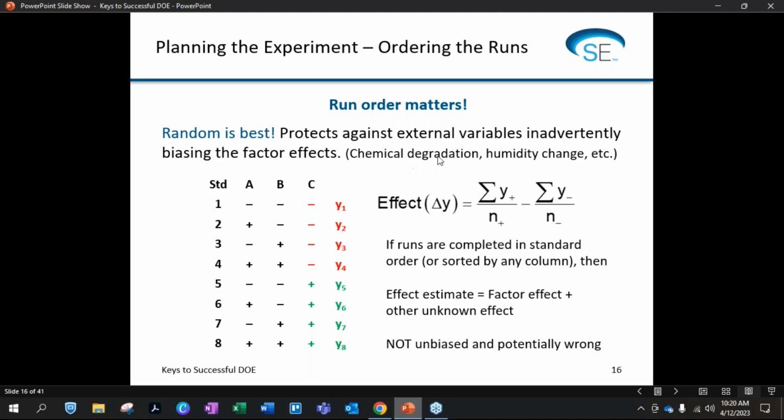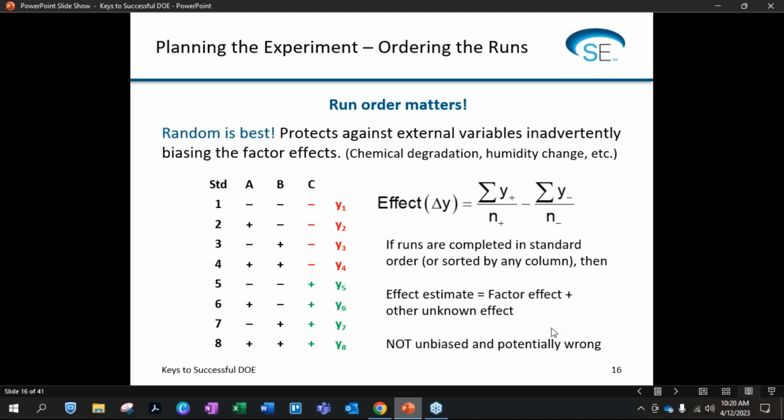So whether that's maybe a chemical degradation happening over time, or humidity change happening over time, or anything else that's happening over time, that extra thing is going to get piled on top of the non-randomized factor. So that means that that effect estimate is now not unbiased, and potentially it's wrong. You can get completely wrong effects, and that can mess up your data analysis. So randomization is best if you can.